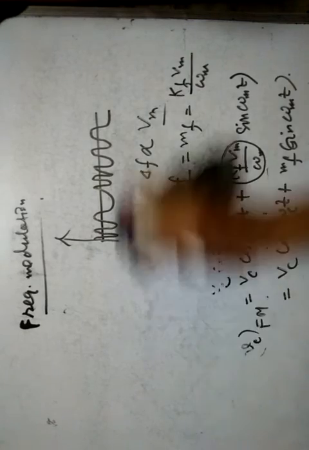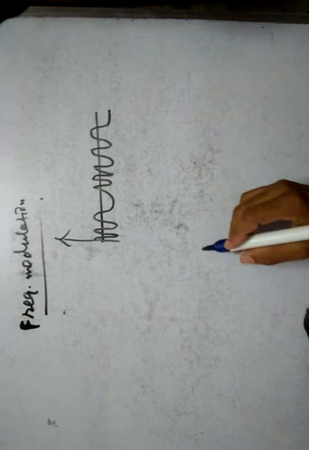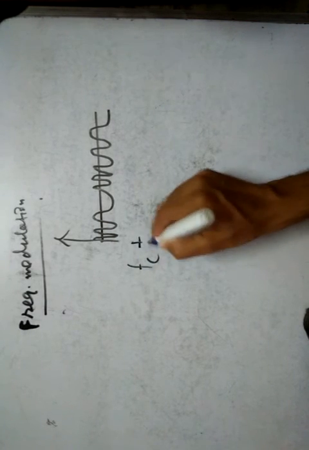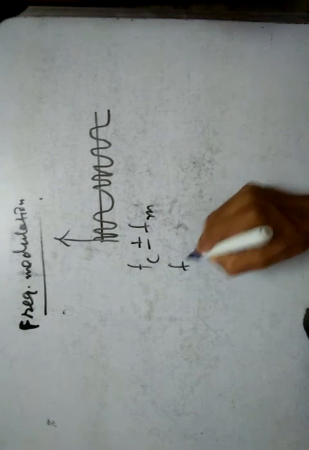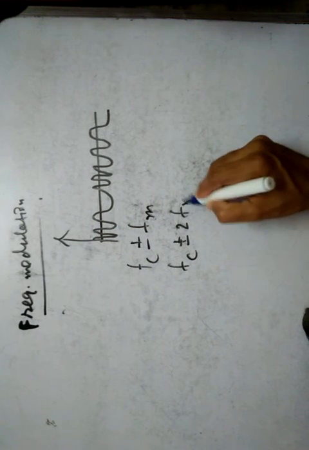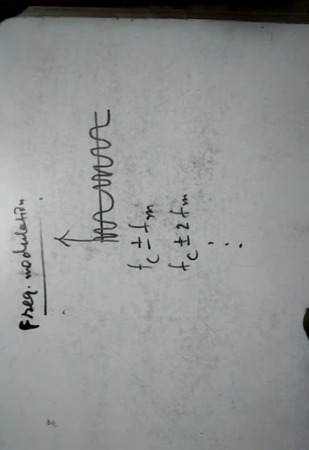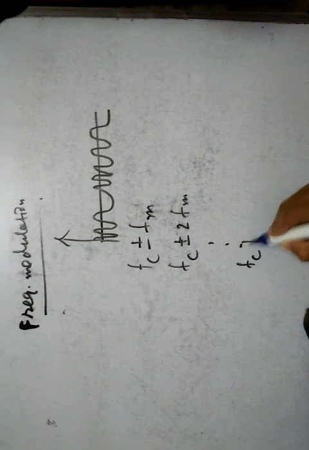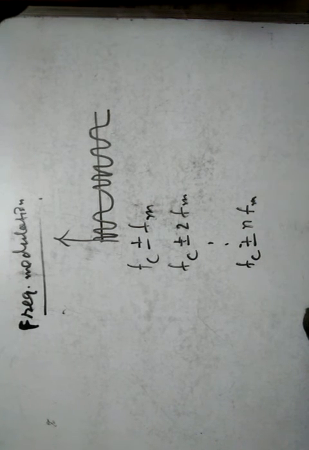In the amplitude modulated carrier, there are only two sidebands, but in the frequency modulated carrier, there are several sidebands. It may be Fc plus minus Fm, it may be Fc plus minus 2 Fm, etc., up to Fc plus minus n Fm.